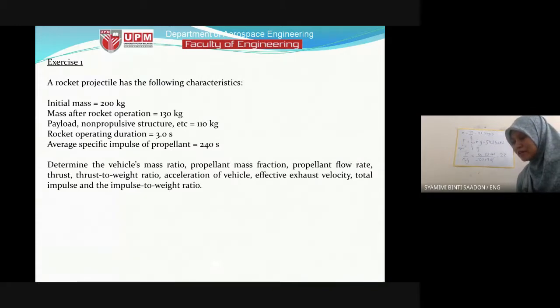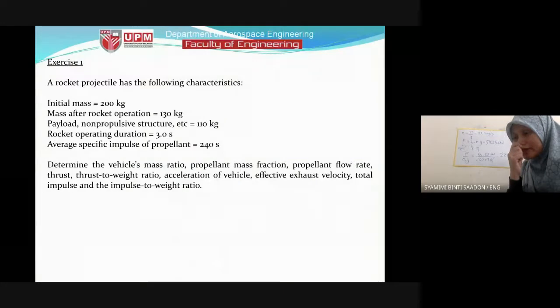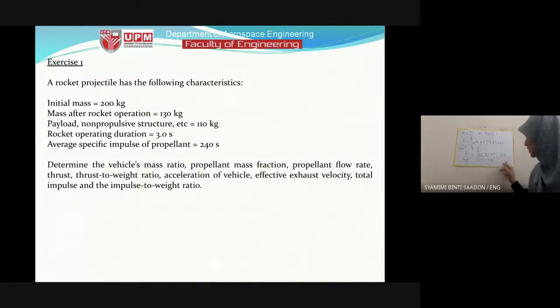Means that for each kilogram of the weight of the rocket body, for 1 kilogram rocket body, it can produce 28 Newton of force. So that's what it means by thrust to weight ratio.